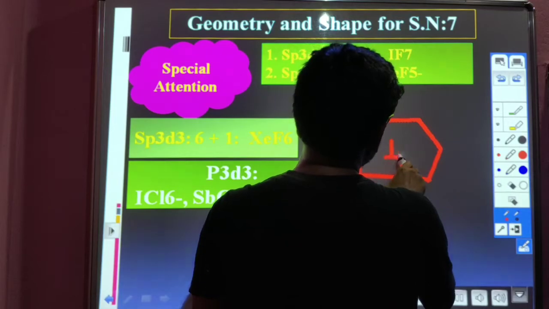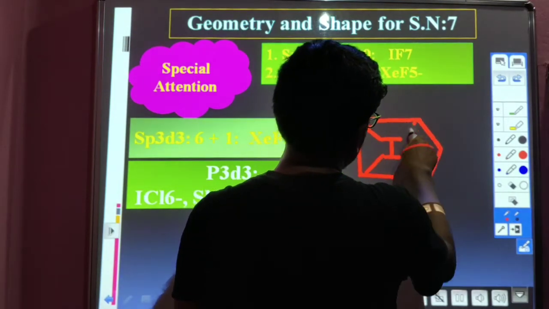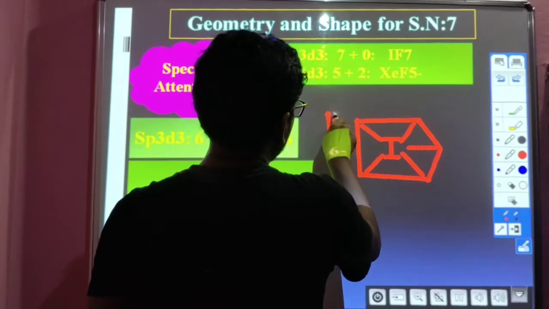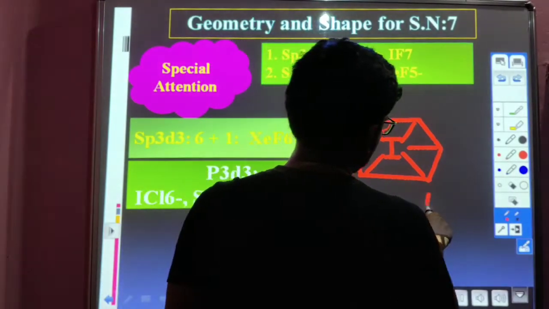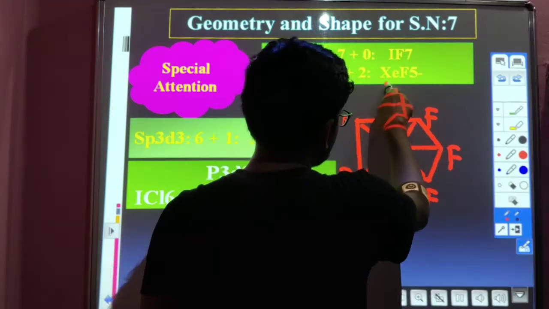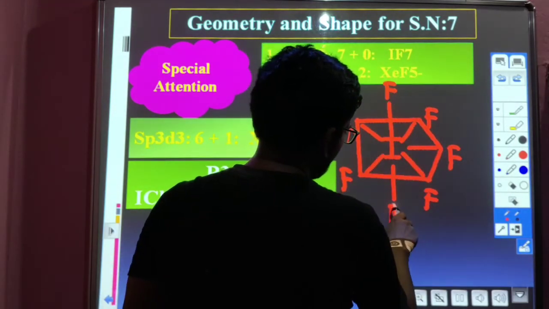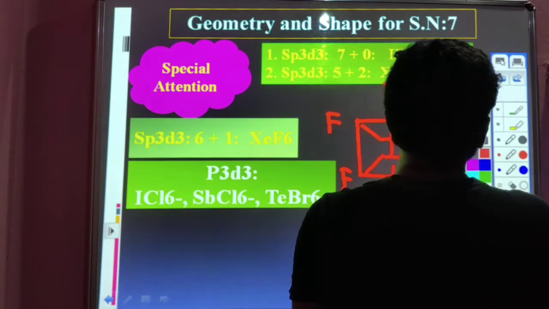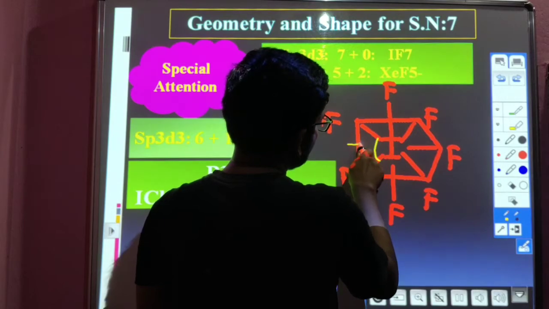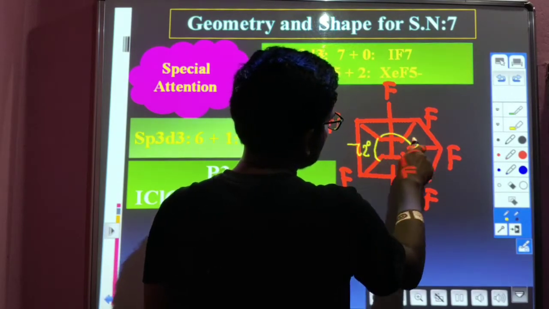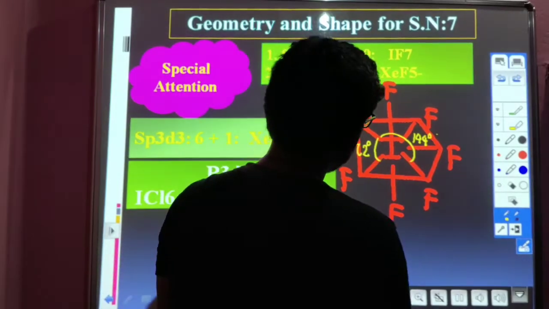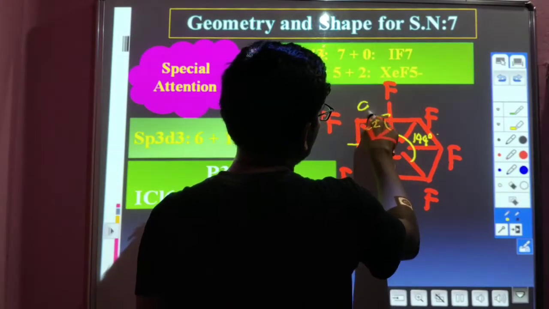This is iodine. 1, 2, 3, 4, 5, and 6 and 7. That's all done. Now let me show you the angles. Here the angle is 72 degrees. This is 144. Okay. This is 90.